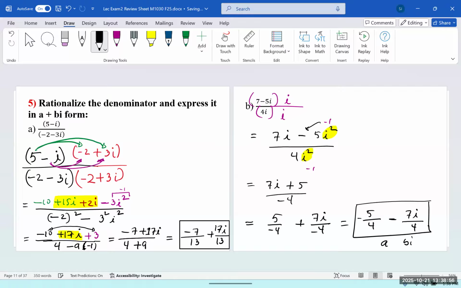This is a and bi. You have to write in a and bi format. In the final exam, sometimes they give the left one, sometimes they give the right one. But definitely one of them was in the final, and definitely also in class exam.